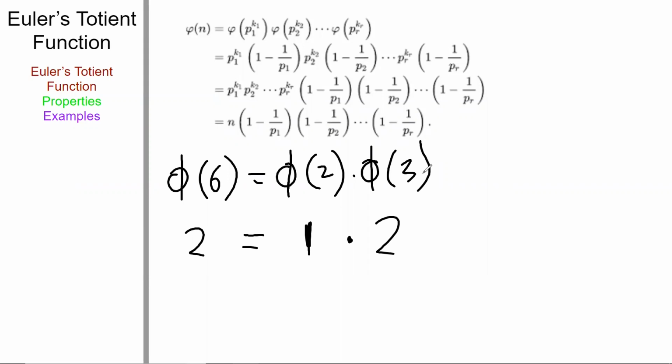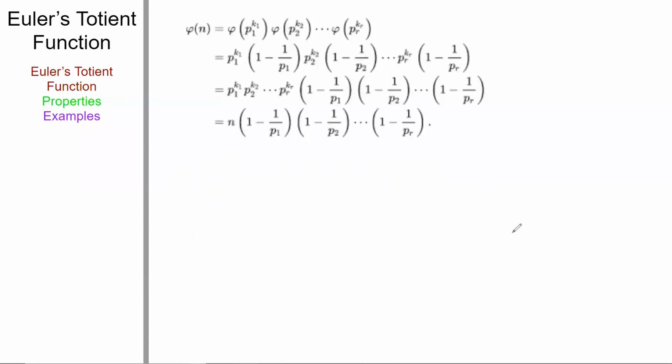And in general, as long as you can write n as the prime factorization p1 to the k1 times p2 to the k2 all the way to pr to the kr.